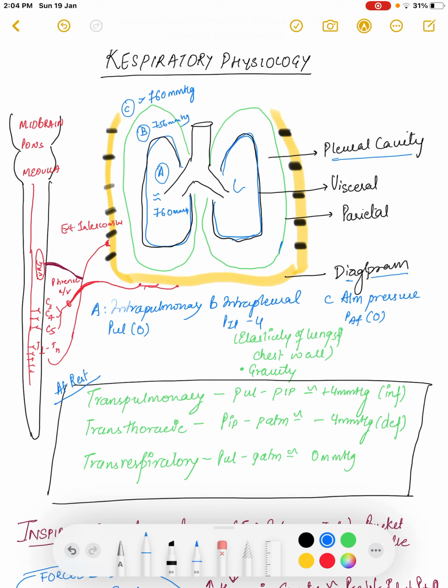So we can designate intrapulmonary pressure as 0, atmospheric pressure as 0, and intrapleural pressure as -4.